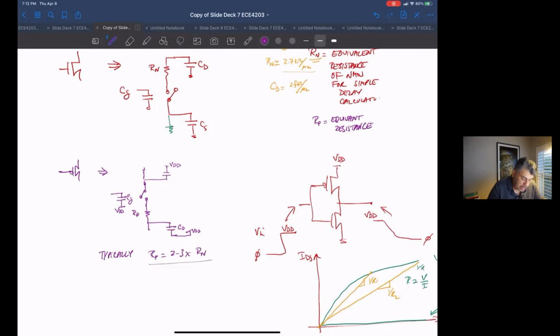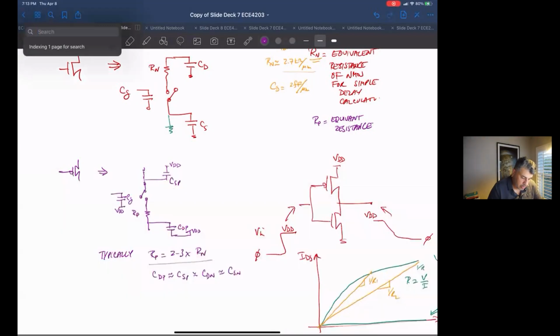But the capacitances are about the same. So C sub D for a P is about equal to C sub S for a P is about equal to the drain and source capacitances for the NMOS.